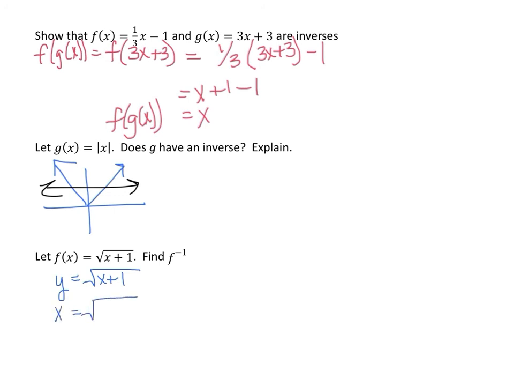That's what you'll do. Now, solve for y. What would you do? How do you undo this square root? You square it. So you're left with x squared is equal to y plus 1. And then you subtract 1. So the inverse is x squared minus 1.